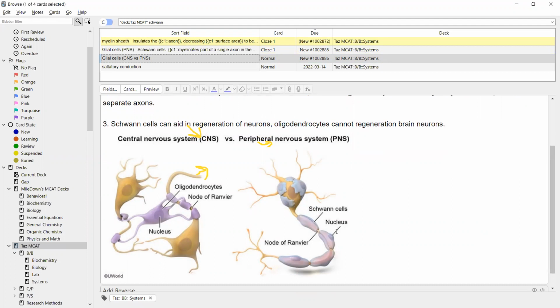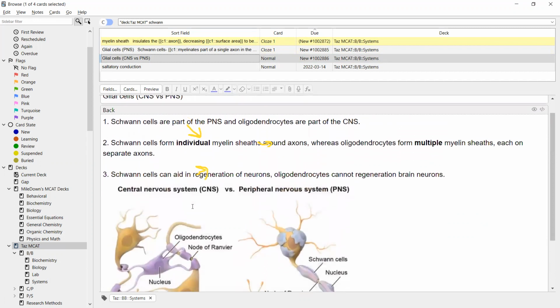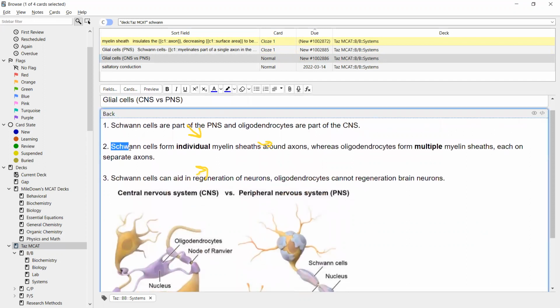You see the nucleus of the Schwann cell itself. There are actually 1, 2, 3, 4 Schwann cells here, whereas in the central nervous system, there's just one oligodendrocyte doing multiple myelin sheets. So that's already a big difference. Schwann cells form individual myelin sheets, but oligodendrocytes form multiple myelin sheets.